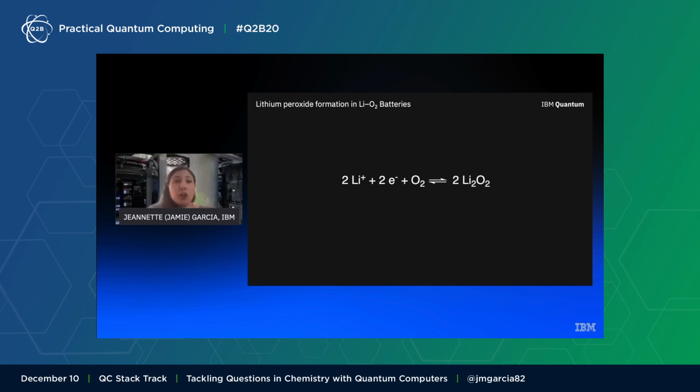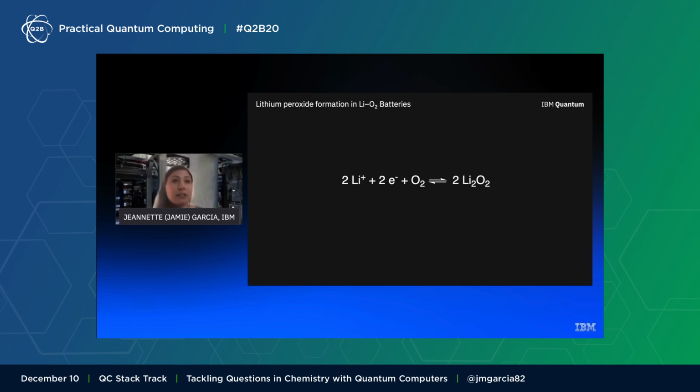This is a very nice example of something that is small in size, meaning that it doesn't have too many spin orbitals, so that we can model it on our quantum computer, yet having a real, tangible use case and having real value if we were able to derive and understand how the mechanism of lithium peroxide forms within the battery.